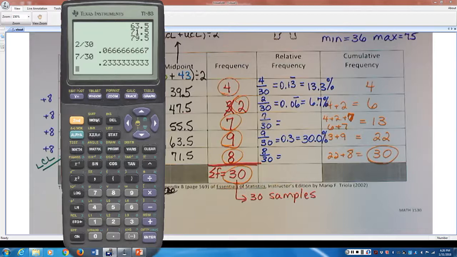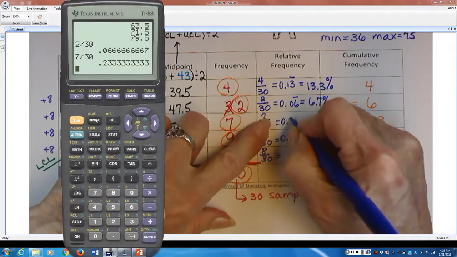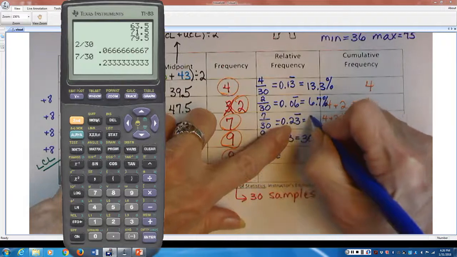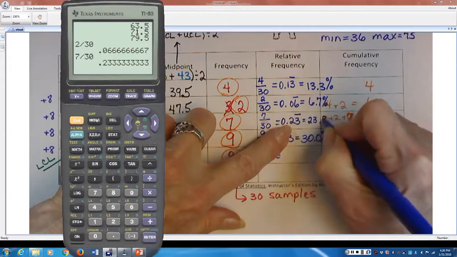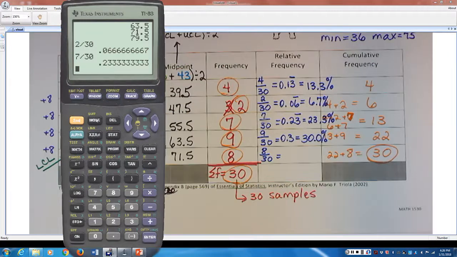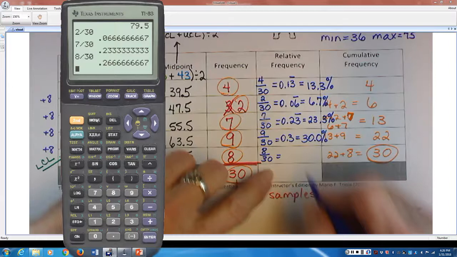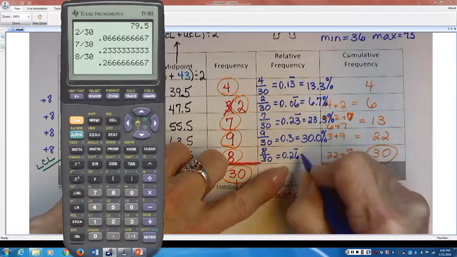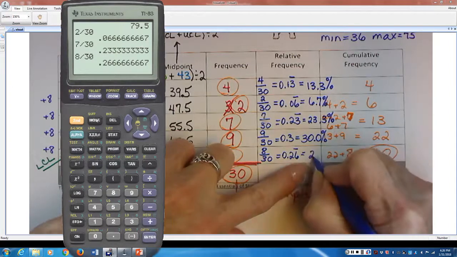Then 0.23 repeating, which is 23.3%. And this will be 0.26 repeating, which is 26.7%.